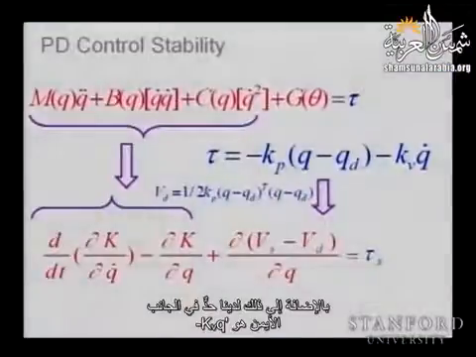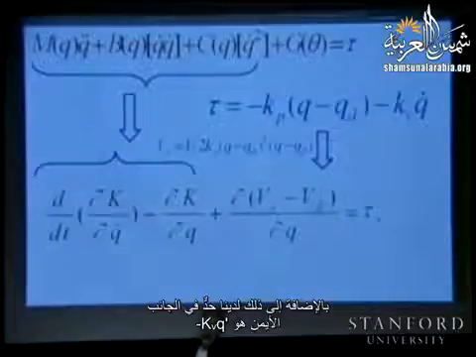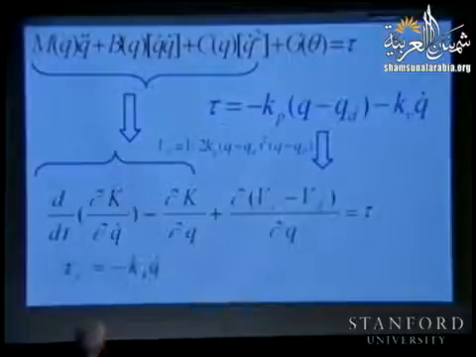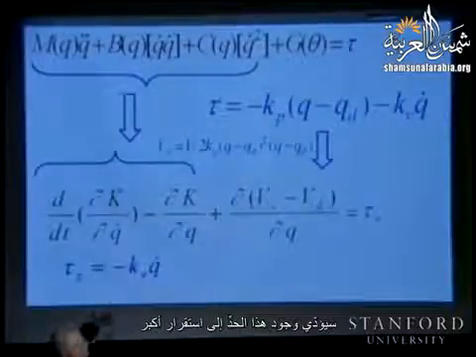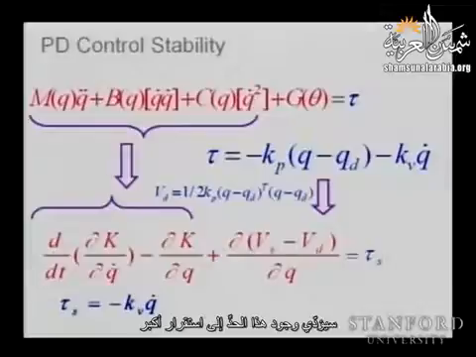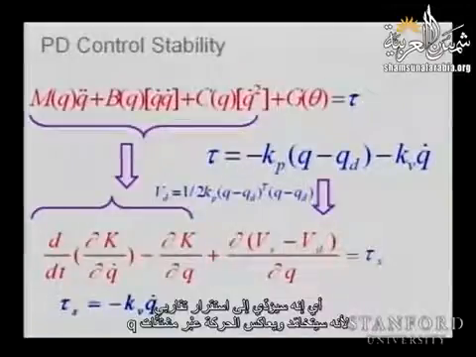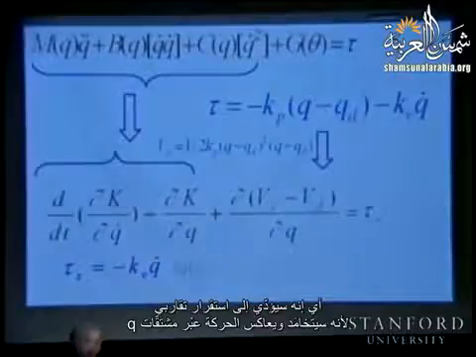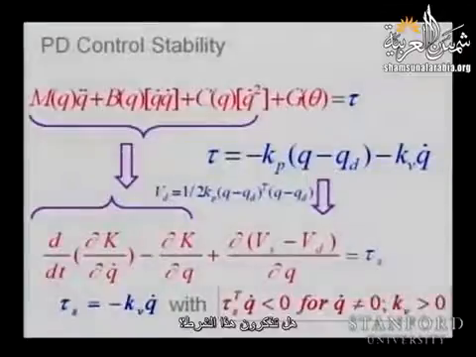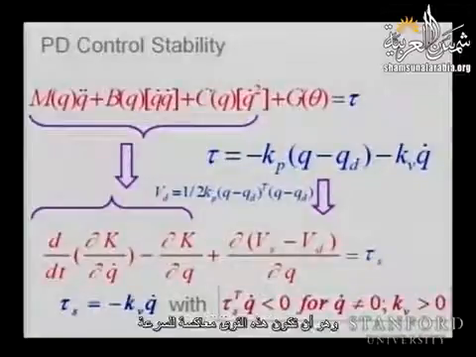In addition, on the right-hand side, we have a term that is minus Kv q dot. This term is going to bring additional stability, asymptotic stability, because it will dampen and oppose the motions along the q dots. You remember this condition, that these forces are acting against the velocity.